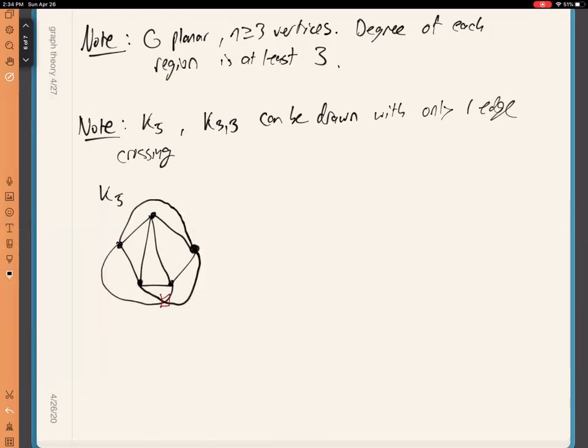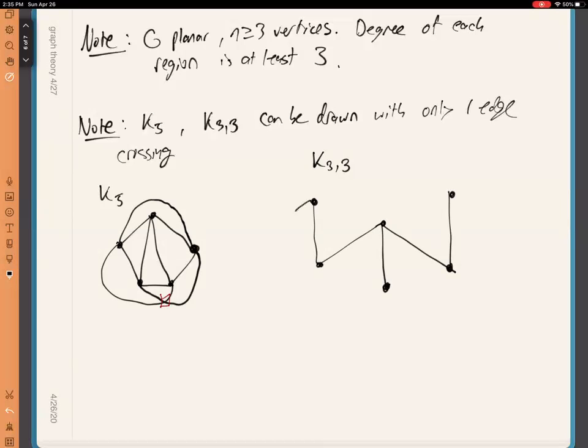Similarly, you can also draw a version of K3,3 where there's only one edge crossing. What does this look like? I'm going to draw it like this. I'm going to connect this to this and this to this. And I'm going to connect this to this.